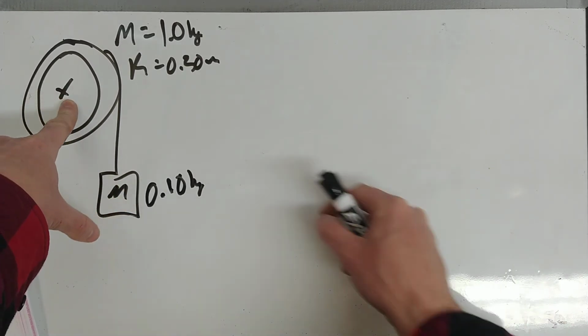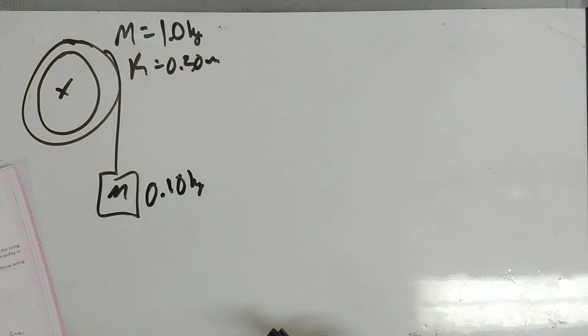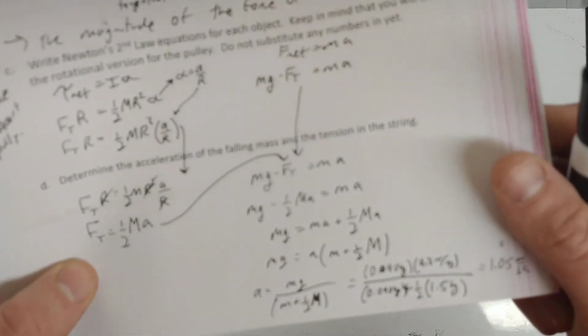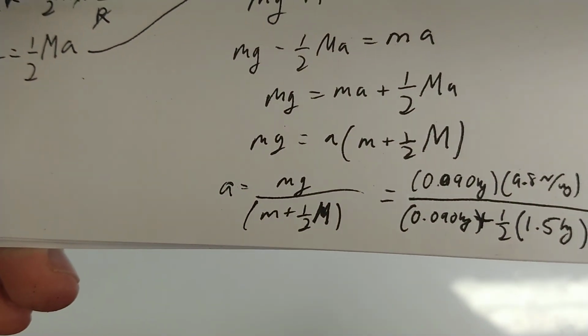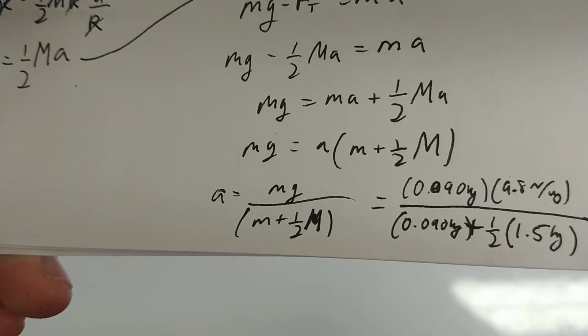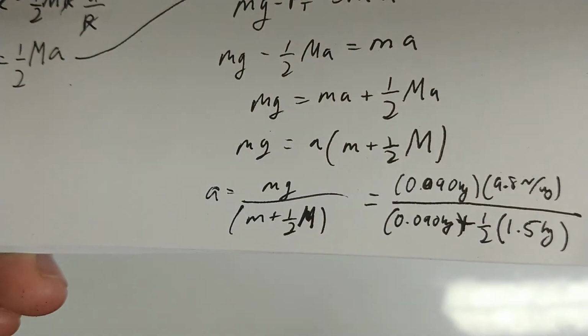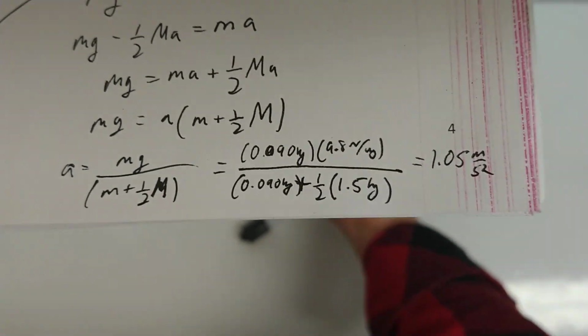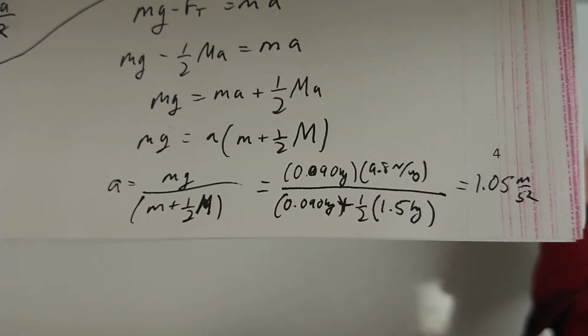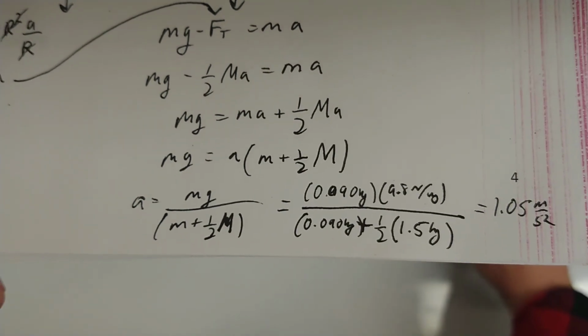The smaller this mass is, though, I wish I could go back and show you that. If you look at the equation, A equals mg over m plus 1/2 big M. Let me show you this, this is kind of cool, actually. I'm going to write it on the whiteboard so I don't have to hold this up.